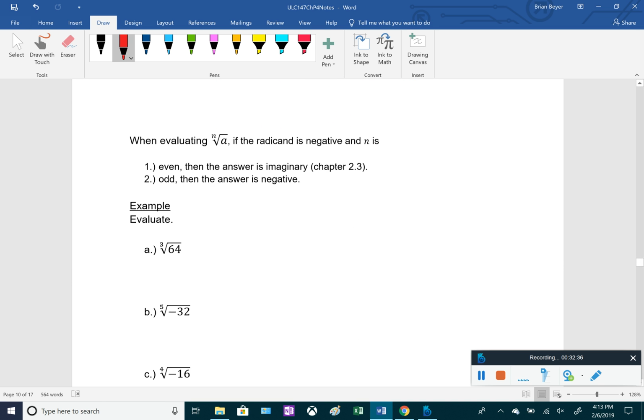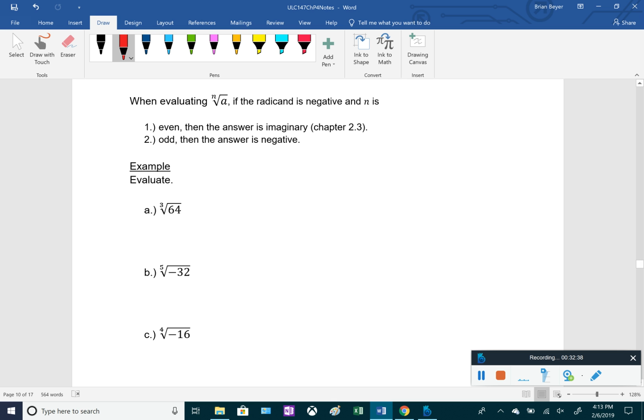For the next thing, let's start evaluating them. We kind of evaluated a couple of them in some examples. There's a couple things to look out for. Let's say we have a negative radicand. Before, when we were doing the square root, we said we couldn't have a negative under the radical. That is true, generalizing that reasoning, if the index n is even.